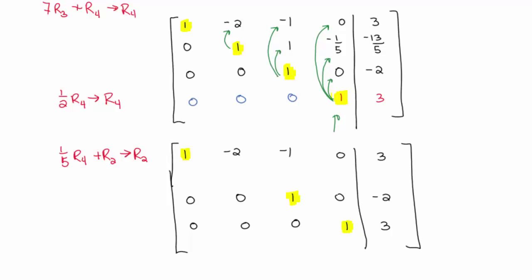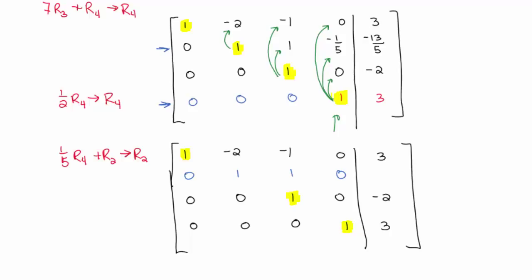Going to the matrix here, I'm going to take 1/5 of row 4 and add it to row 2. 1/5 of 0 plus 0 is still 0. 1/5 of 0 plus 1 is still 1. 1/5 of 0 is still 0 plus 1 is 1. 1/5 of 1 plus -1/5 is now 0.